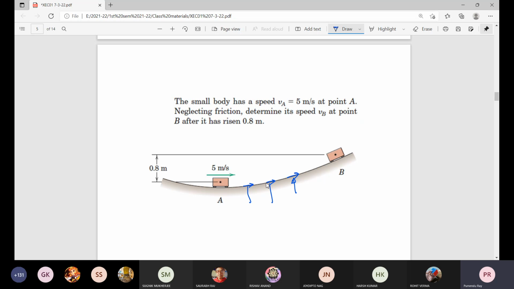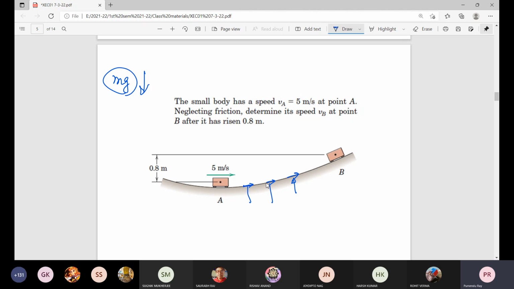Now, what about the force due to gravity? It is mg, acting vertically downward. Now, what you can do is find the component along the plane, tangential to the plane, and multiply with the displacement ds.